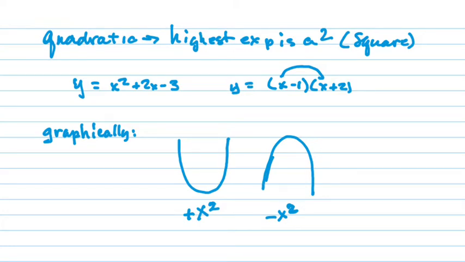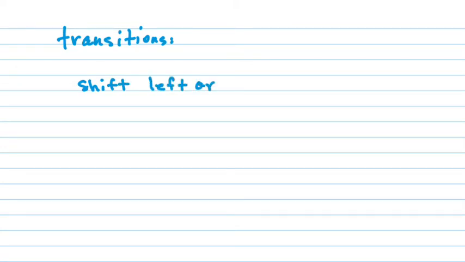Right? Now, we need to talk a little about transitions. So, if you have a shift left or right, what that means is you're either going to add or subtract from x. Right? Remember, x-axis goes right or left? Okay?